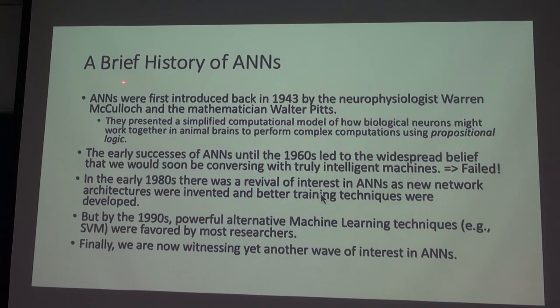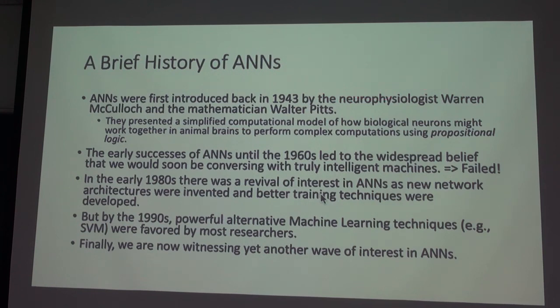So the ANN was actually introduced by a neurophysiologist and a mathematician. Be very careful. In 1943, there's no Department of Computer Science. Right now, no matter which school you are looking at, the oldest computer science department is probably about 50 to 60 years old. That's already considered probably the oldest one in the world. But this one is more than 70 years ago, right?